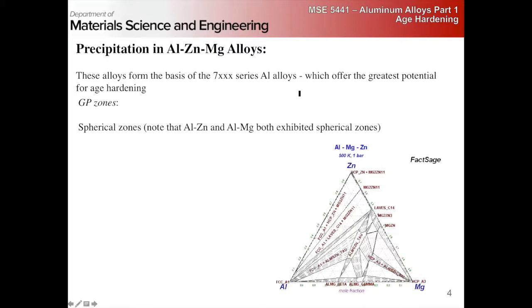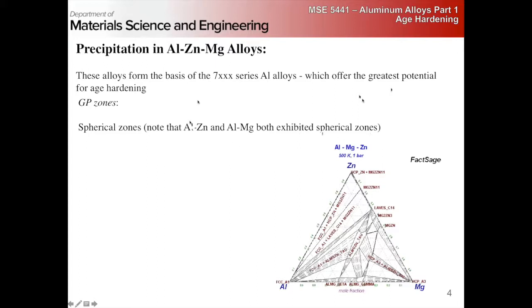Out of this comes essentially the greatest potential for age hardening out of all the aluminum systems. We have generally spherical GP zones, and we saw that aluminum zinc and aluminum magnesium both exhibited spherical zones.